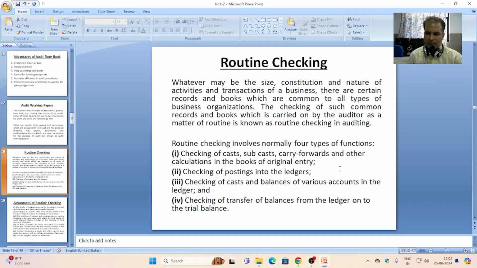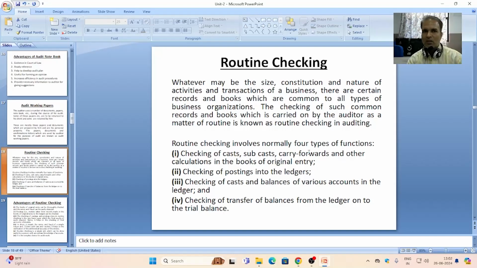Routine checking: whatever may be the size, form and nature of activities and transactions of a business, there are certain records and books of accounts which are common to all types of business operations. The checking of these common records and books, which is carried out by the auditor as a matter of routine, is known as routine checking in auditing.